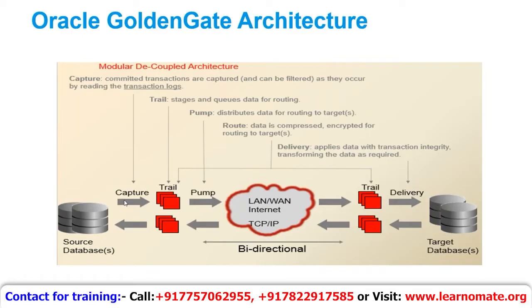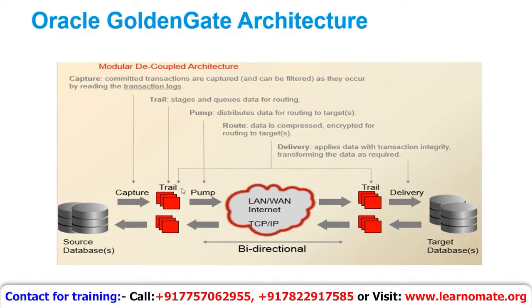One of them is you have to ensure that your transactions are committed, because if these are uncommitted, it won't capture. Once the transactions are committed, it writes them to local trail. Once the data is available in local trail, data pump process will read the data from your local trail and write it to remote trail on target.